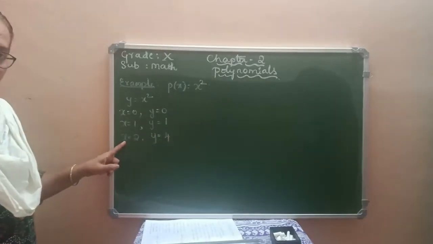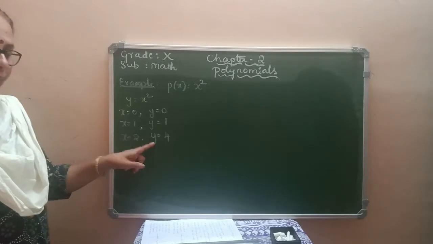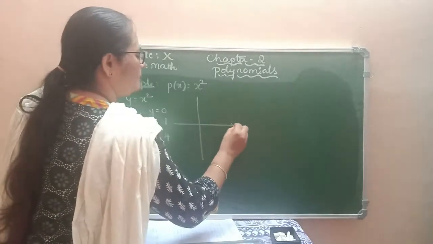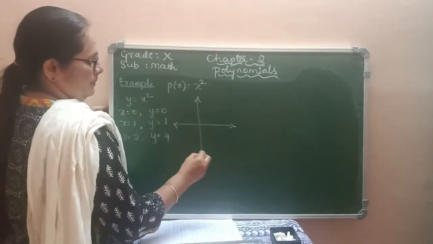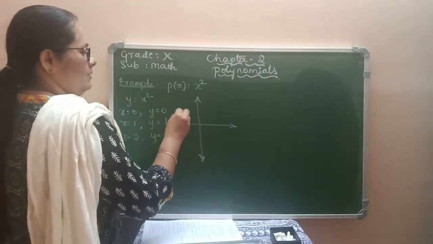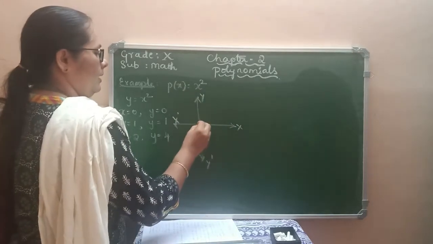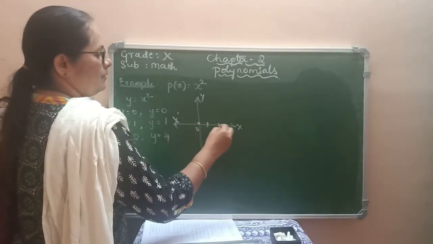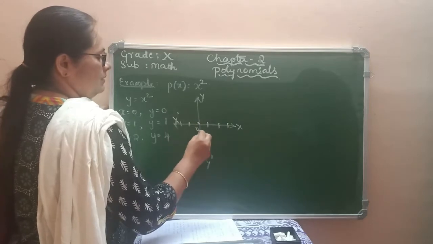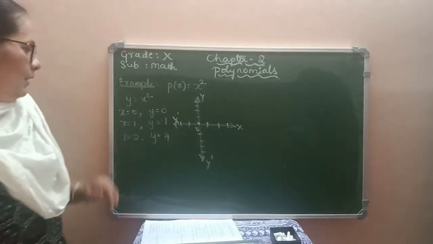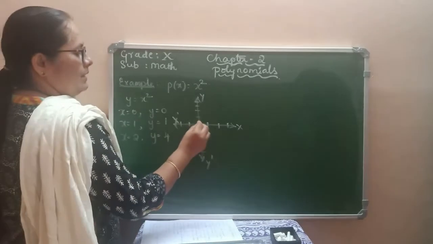When x is 2, y is equal to 4. Now we plot the graph for this. Mark 1, 2, 3, minus 1, minus 2 on the x-axis and 1, 2, 3, 4 on the y-axis. When x is 0, y is also 0.